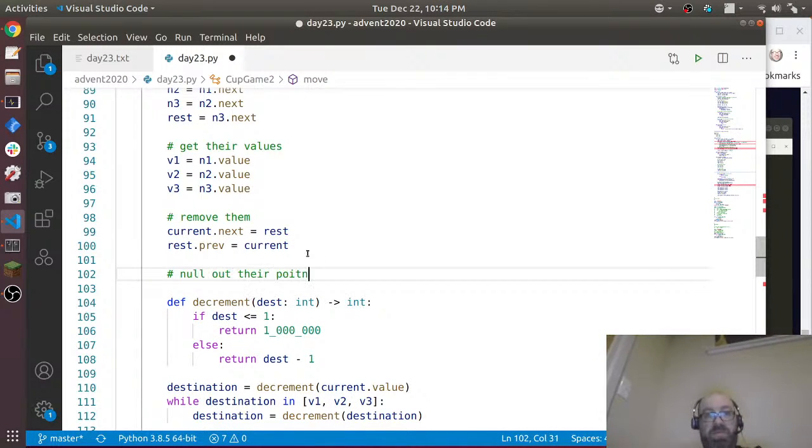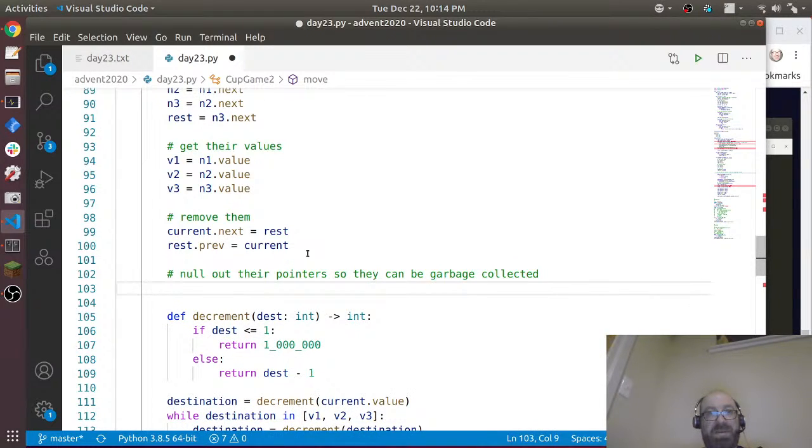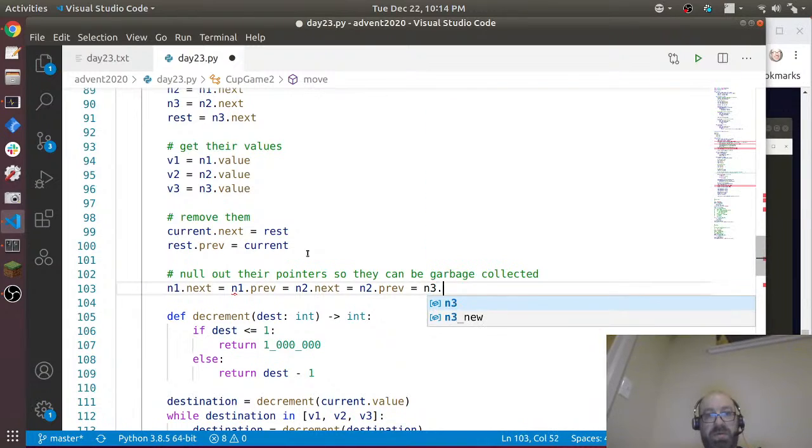Null out their pointers so they can be garbage collected. How do you like that? n1.next equals n1.prev equals n2.next equals n2.prev equals n3.next equals n3.prev equals None.